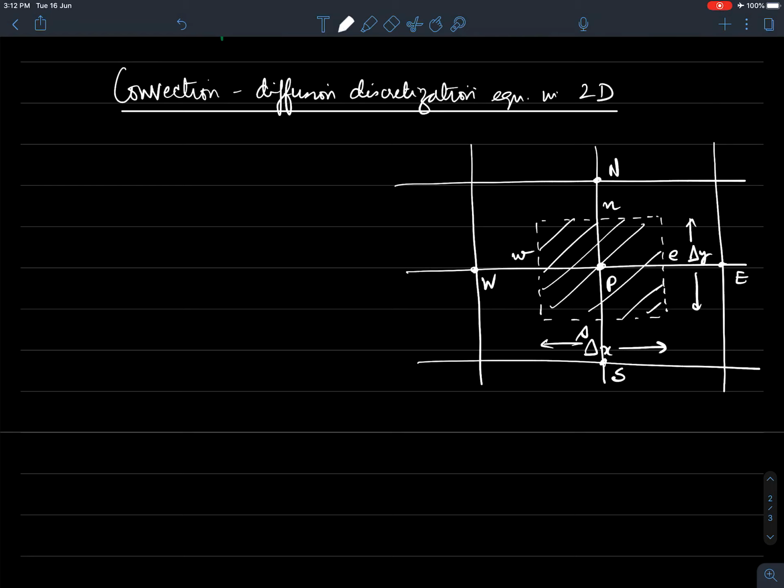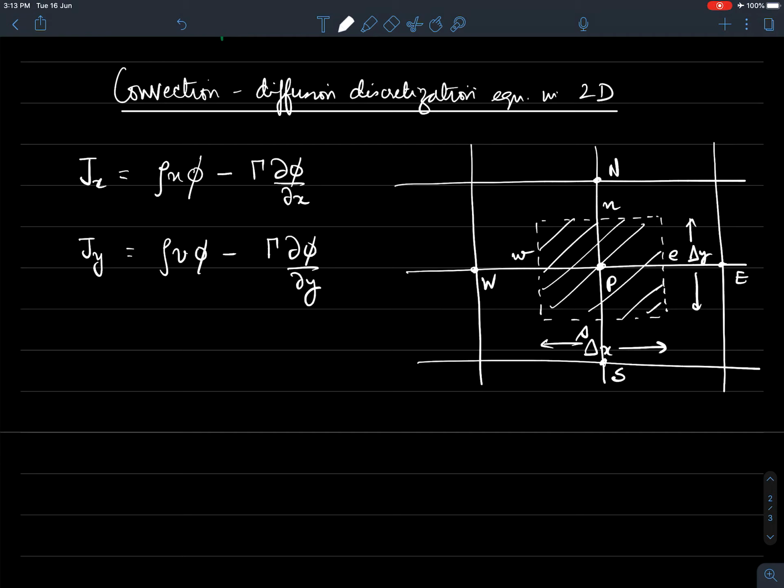Now note that we've been writing the flux. We now have two fluxes in this problem because this is a 2D problem: Jx, which is rho u phi minus gamma d phi dx, and Jy, which is rho v phi minus gamma d phi dy. We're going to talk about these as the total flux in the x and y direction.